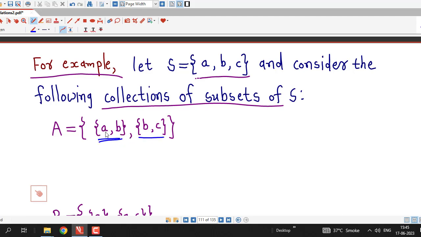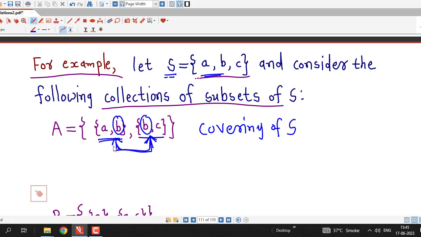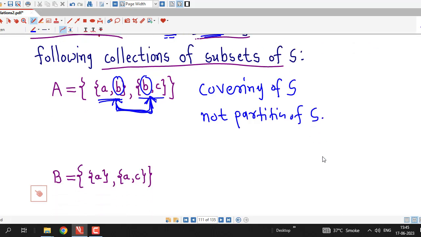You can see that the set AB is a subset of S. This set is also a subset of S because its elements are B and C, which are also members of S. And if we take the union of these two sets, then we will obtain capital S. So it is a covering of S. But if we take the intersection of these two sets, then you can see there is one common element. So these two sets are not mutually disjoint. Therefore, this collection is not a partition of the given set S.